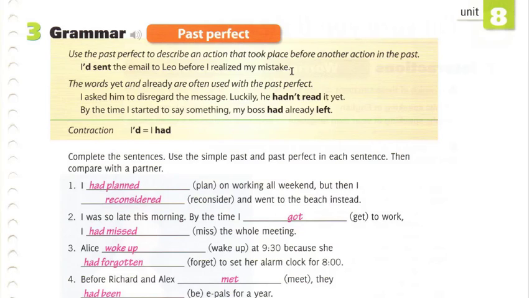The words yet and already are often used with the past perfect. Here we see an example. I asked him to disregard the message. Luckily, he hadn't read it yet.